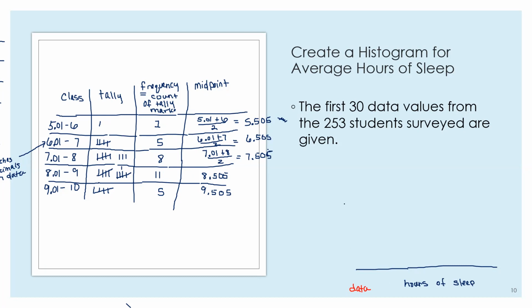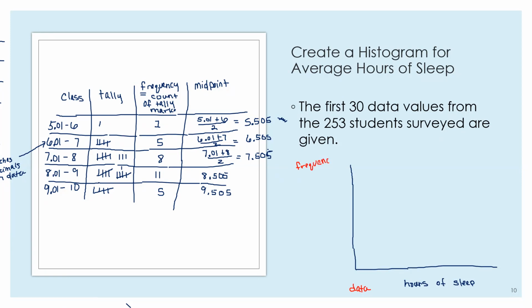And then on our vertical axis, we are always going to put the frequency. So again, I'm going to put that in red because that is like an always, always. That's what goes here. So this is the frequency.